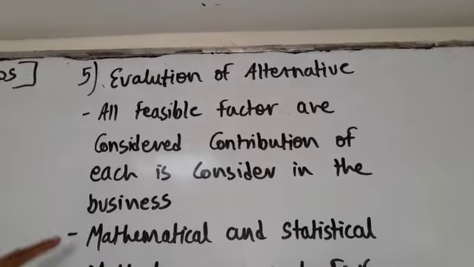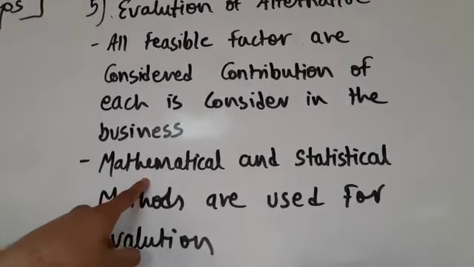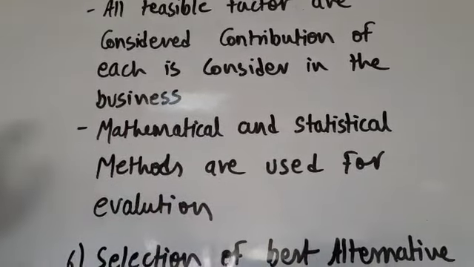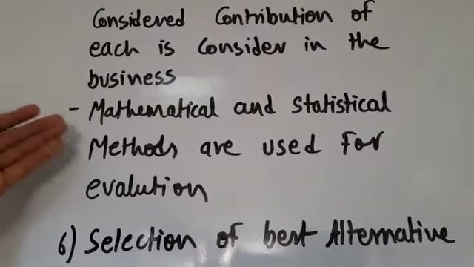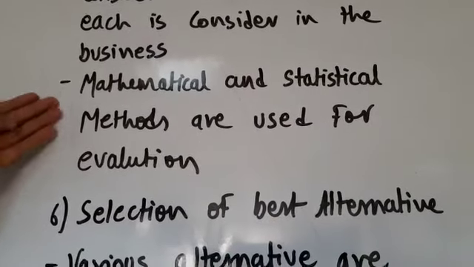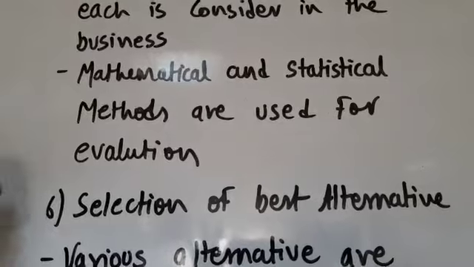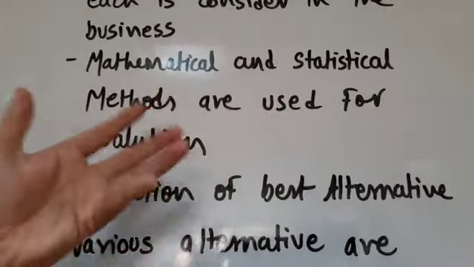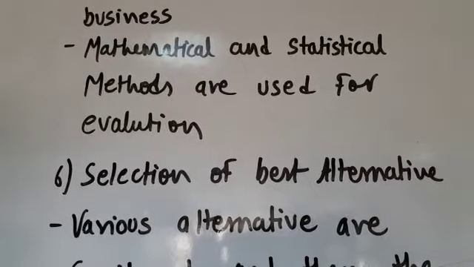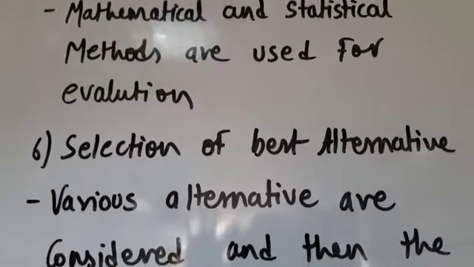We can evaluate with different methods. Some mathematical methods and statistical methods are used for the evaluations. Mathematical methods, maybe we apply some formulas to know whether the alternative is best or not. Statistical method means we apply some data to know whether this alternative is suitable or not.